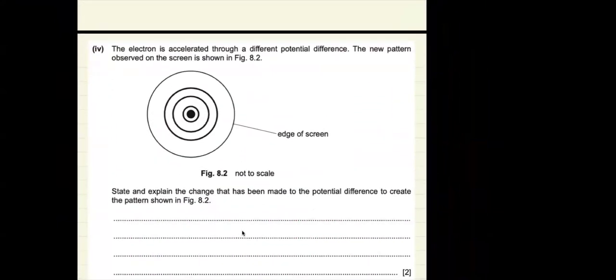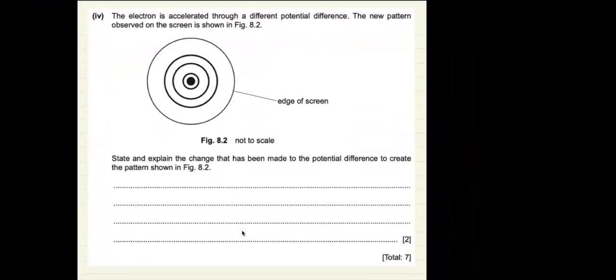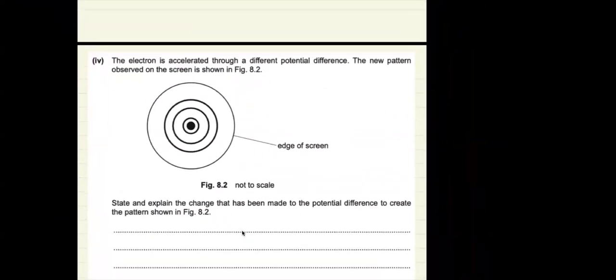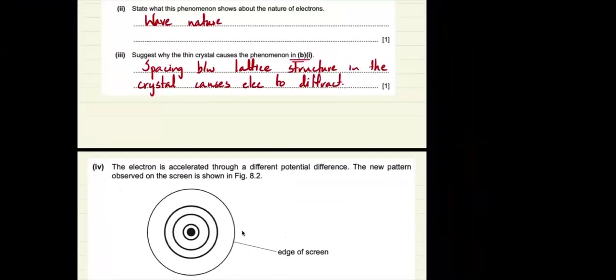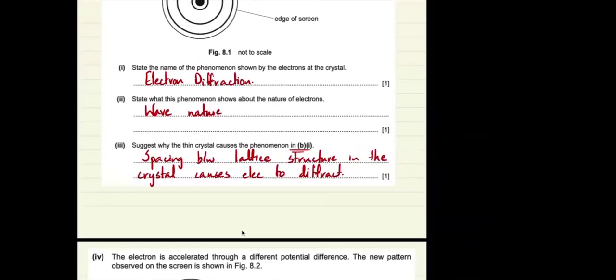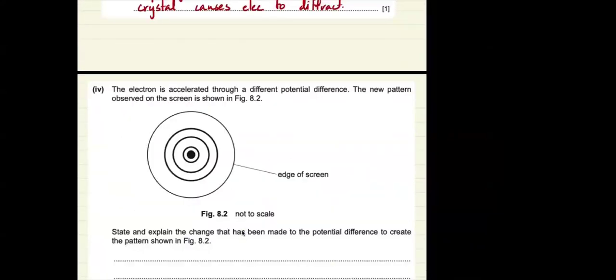So the electron is accelerated through a different potential difference, and a new pattern is formed. If you compare, the rings are obviously much closer here. And you know that these rings are basically showing a fringe pattern. So the fringe spacing here, x, has decreased, right?